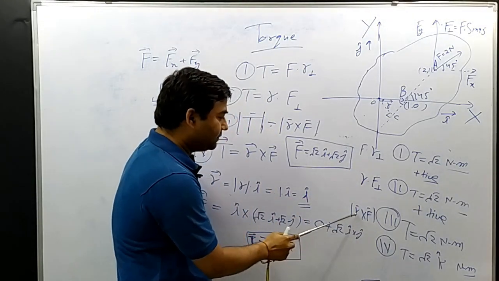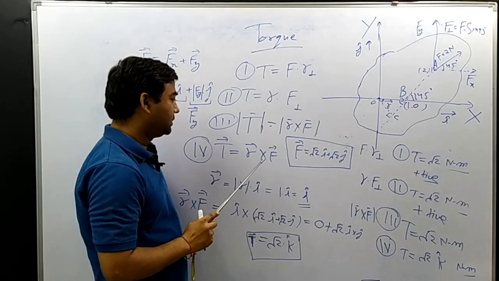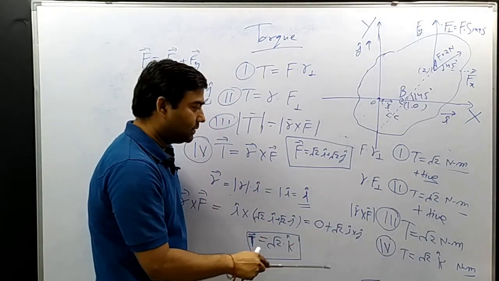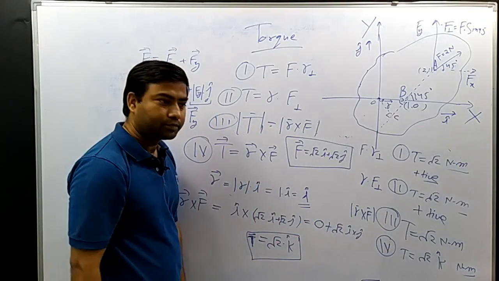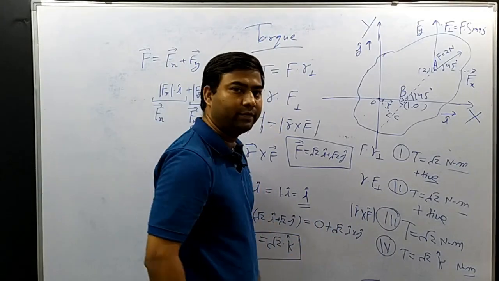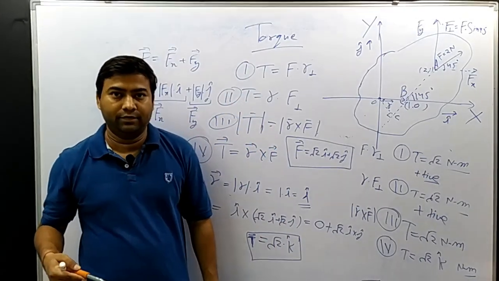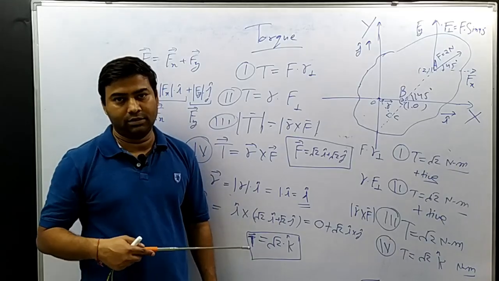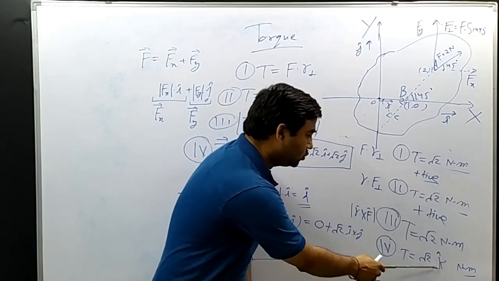Third is by basic definition, r cross F. So r cross F, mod of r into mod of F into sin theta, that is under root 2. Fourth is by unit vectors ijk, which is the right-handed system of unit vectors along x, y, z axis. That is under root 2 k.